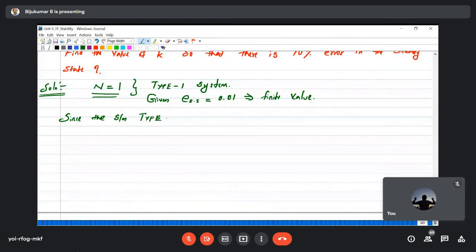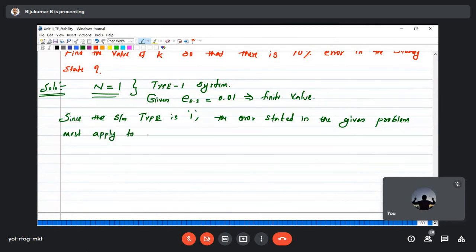So first we will write that since the system type is 1, the error stated in the given problem must apply to a ramp.